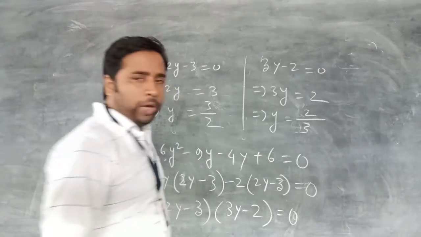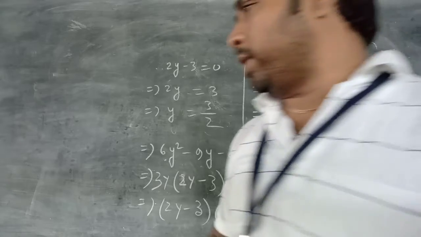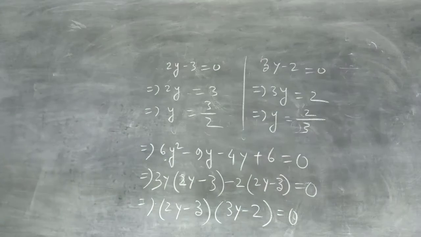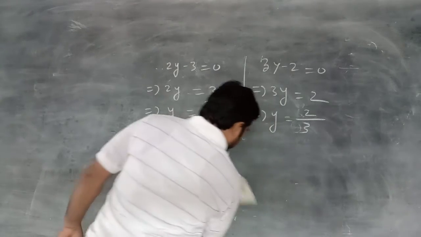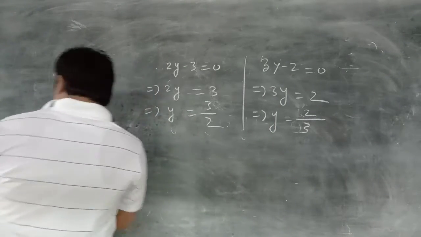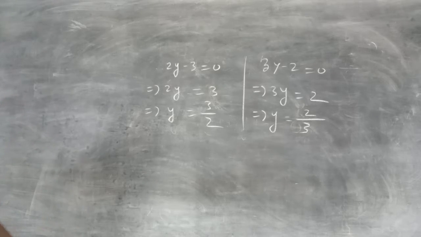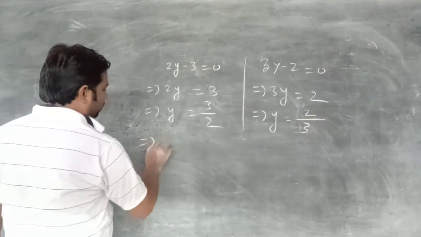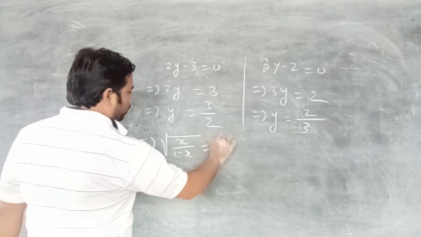Let us put the value of y, because already we have considered the value of y. What we considered? The value of y as root over x by 1 minus x. So this is root over x by 1 minus x equal to 3 by 2.